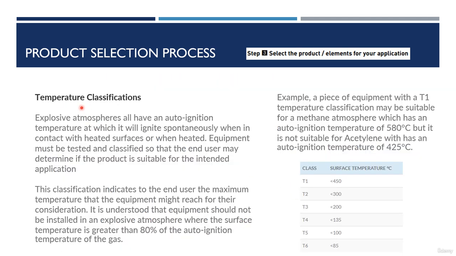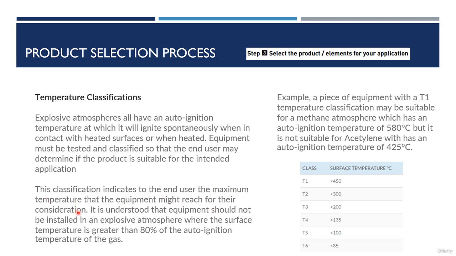Temperature classifications. Explosive atmospheres all have an auto-ignition temperature at which they will ignite spontaneously when in contact with heated surfaces or when heated. Equipment must be tested and classified so that the end user may determine if the product is suitable for the intended application. This classification indicates to the end user the maximum temperature that the equipment might reach.